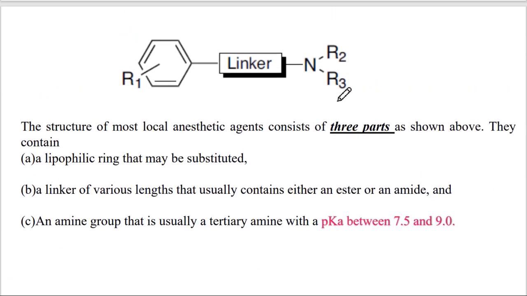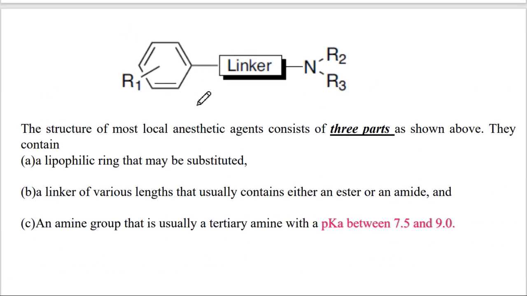So let's study. This is the first ring, that is the aromatic ring. Then we have the linker and the amine group. The structure of most local anesthetic agents, as I said, consists of three parts as shown above.